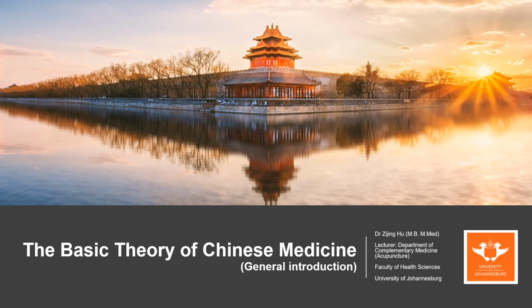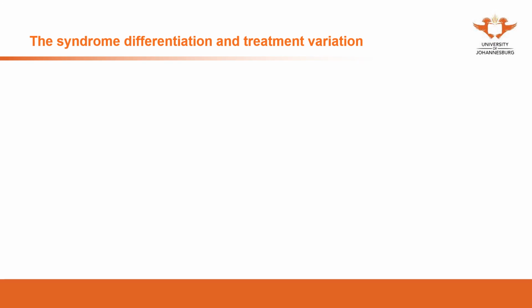And in this video, we are going to introduce another key characteristic of the basic theory: syndrome differentiation and treatment variation. This was a thought from the classic 伤寒杂病论. Dr. Zhang Zhongjing proposed that in our treatments, we need to focus on the syndrome, and the treatments should be based on the syndrome.